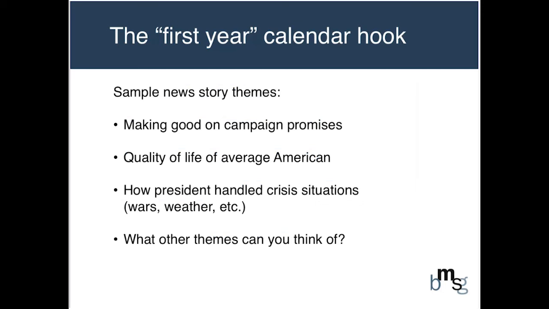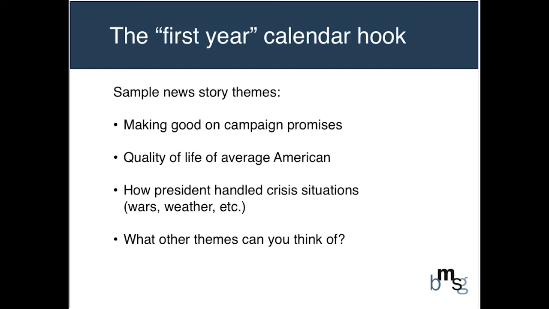Which leads us to the next one, the quality of life of the average American. One of our participants said in the comments, are we really paying attention to what average Americans are going through? Do we have a good sense of what those average Americans are experiencing based on the current policies?